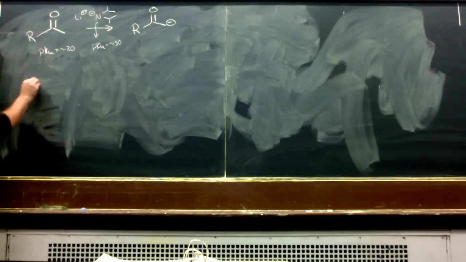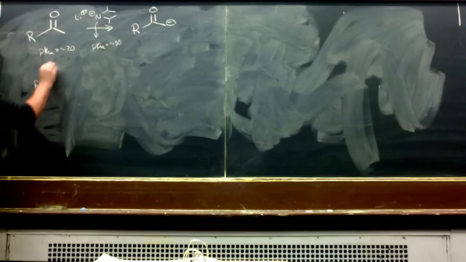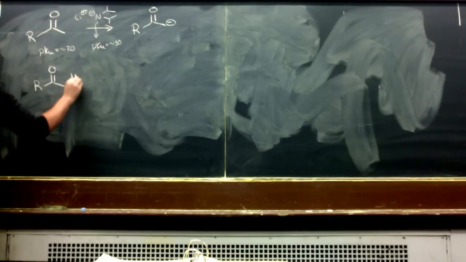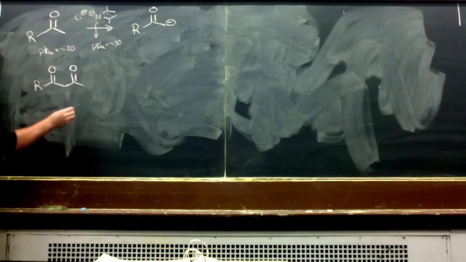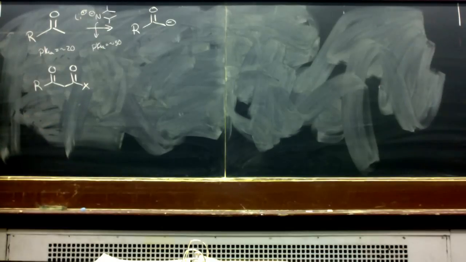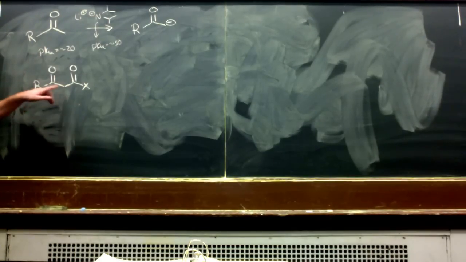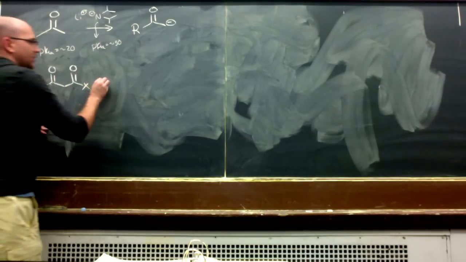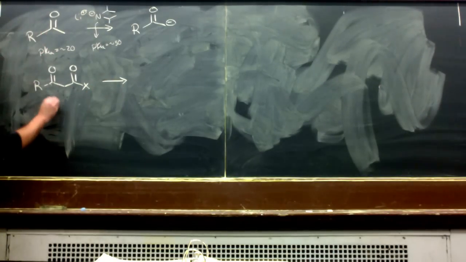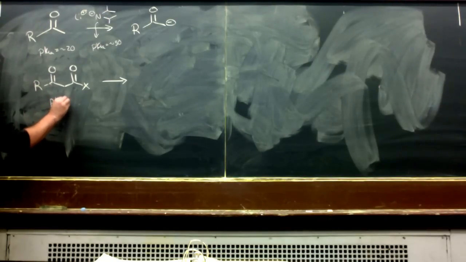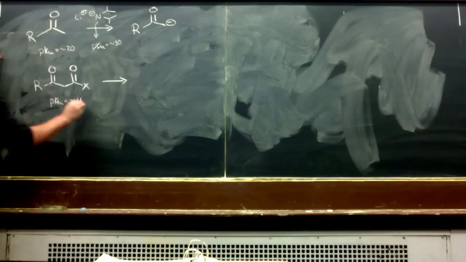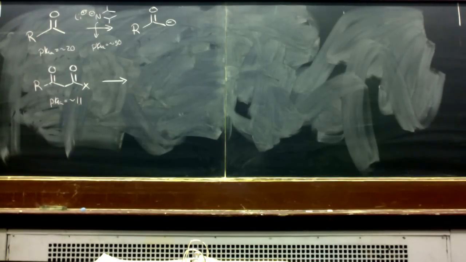The other class that we'll discuss a little bit today is going to be carbonyls where you have this extra carbon, these 1,3-dicarbonyl species, right? In this case, the pKa is much lower, somewhere around 11.